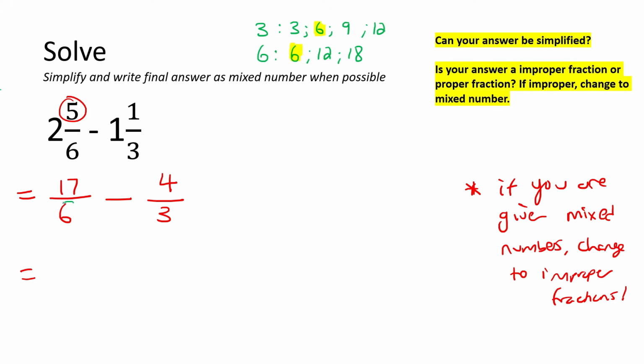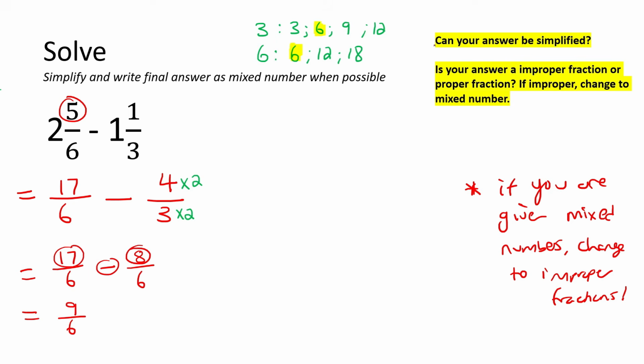What that means is we can just leave this one as it is and multiply this by 2, and then what you do to the bottom, you do to the top, so that you now end up with 17 over 6, take away 8 over 6, and that'll end up giving you, what is 17 take away 8? That is 9 over 6.